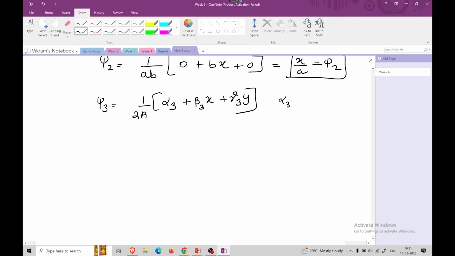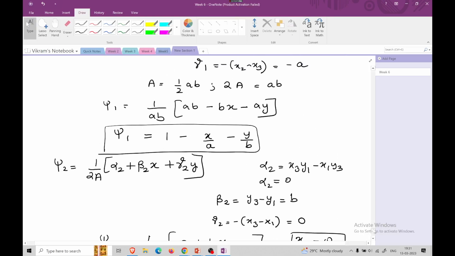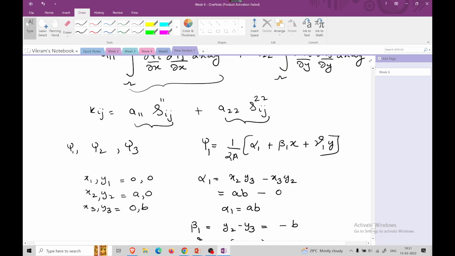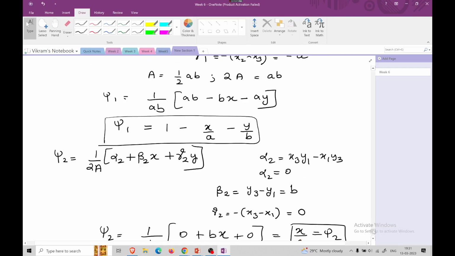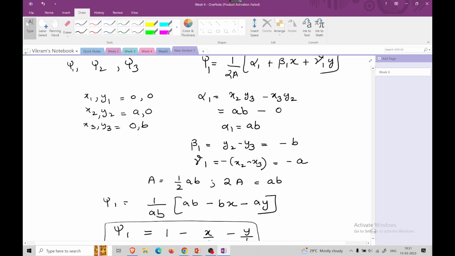What is α3? x1 y2 minus x2 y1, which is again 0. β3 is y1 minus y2, which is also 0.